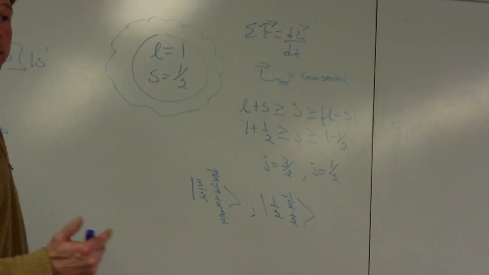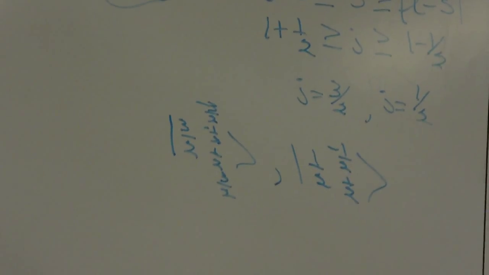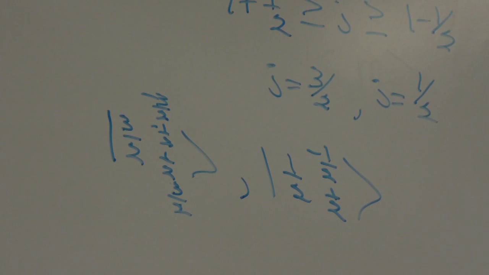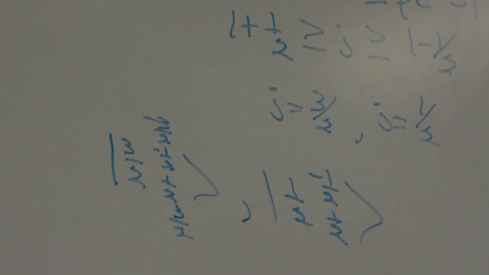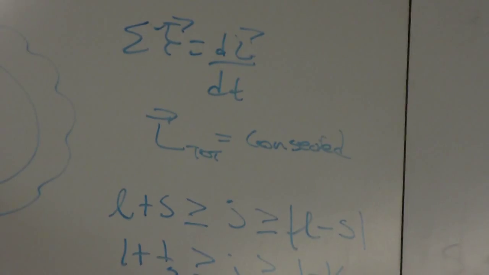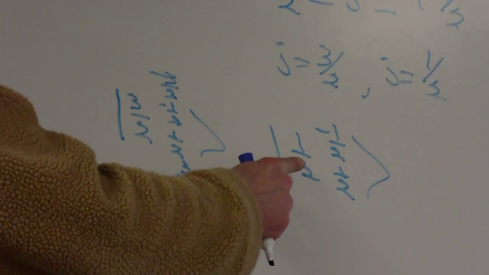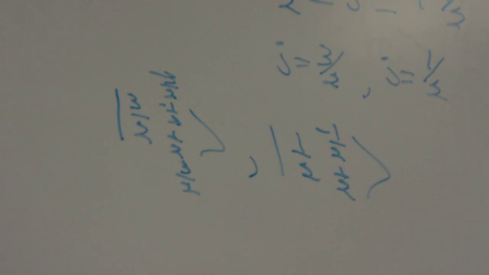If I approach an atom and it's just sitting there, not in a magnetic field, I haven't defined any type of projection or direction, then it can be in any one of these states. All I know is that J is 3 halves or J is 1 half. But as soon as I define a direction, usually with a magnetic field, how many states can the atom take?